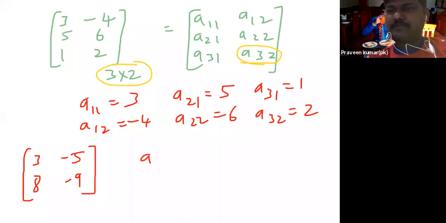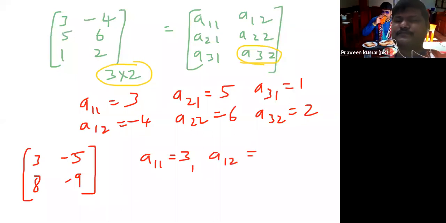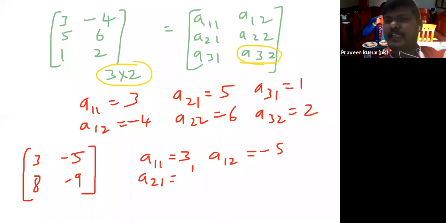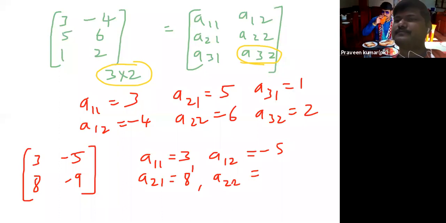What is A11? Everyone. 3. What is A12? -5. What is A21? 8. Good. What is A22? -9.